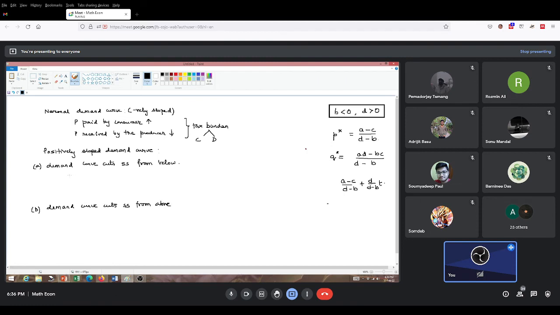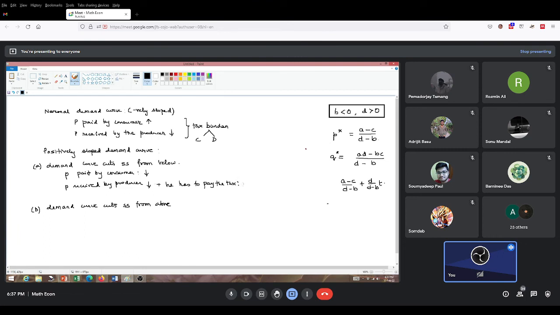In this case, what happens is the price paid by the consumer falls, the price received by the producer also falls, plus he has to pay the tax to the government.